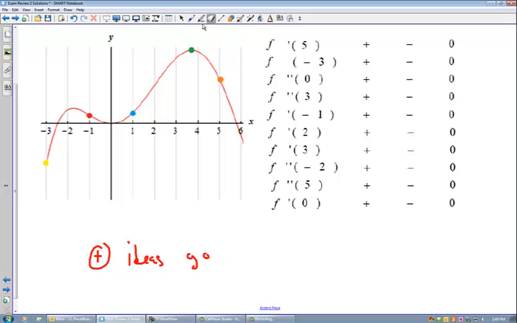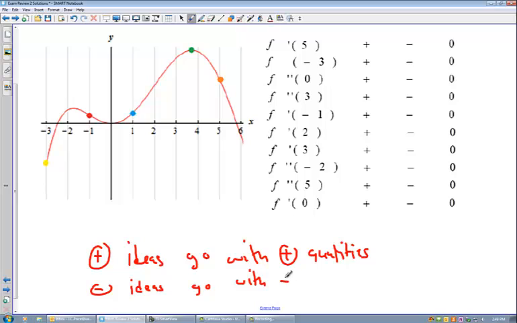Go with positive quantities. And then negative ideas go with negative quantities.